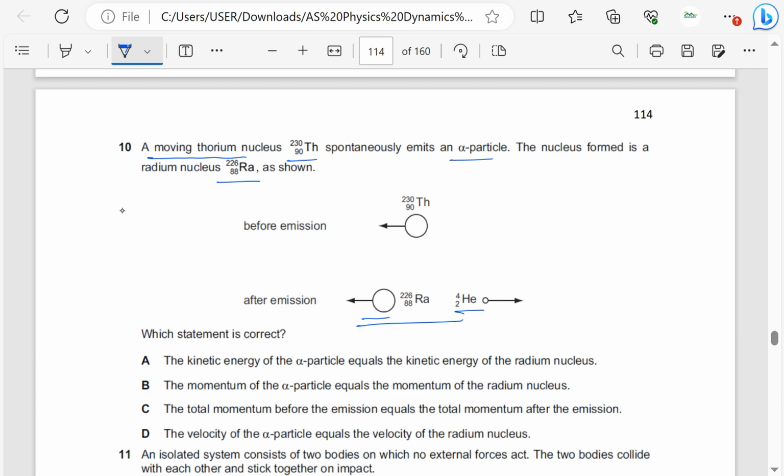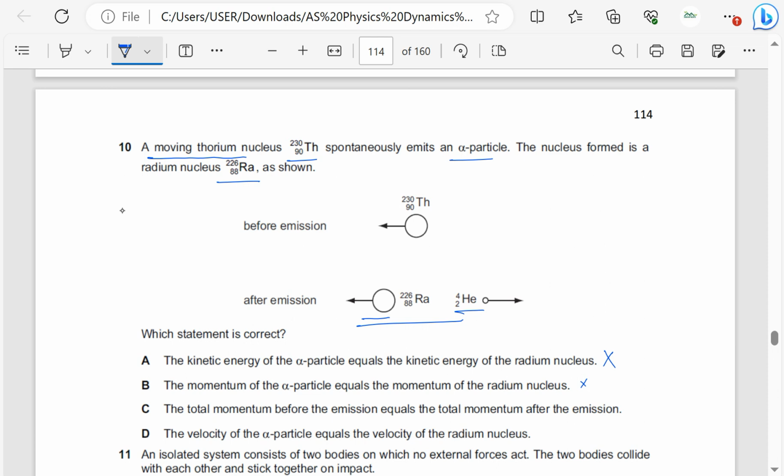If they are both moving in opposite directions, each of them could have a speed, and their masses are not the same, so I don't think this is going to be possible. Then the momentum of the alpha particle equals the momentum of the radium nucleus. This also may not be correct in magnitude.